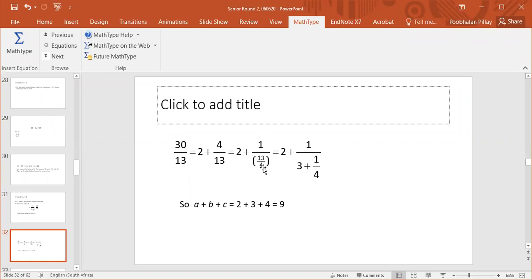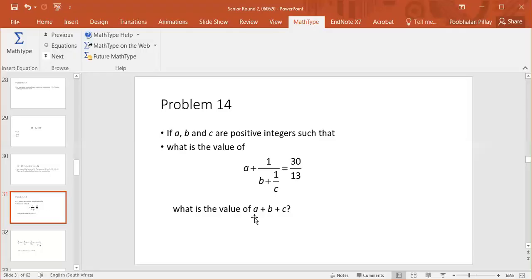You invert. Now we're getting there. Now this part here, if you look at your question, 13 over 4 will have to be written as b plus 1 over c.